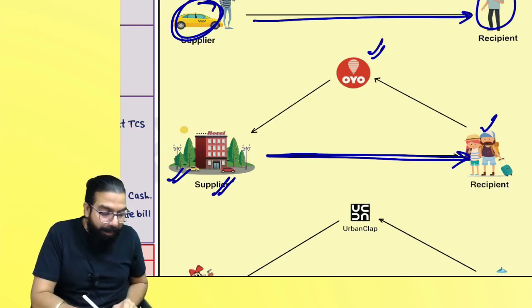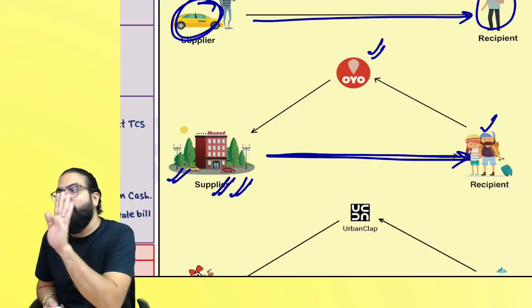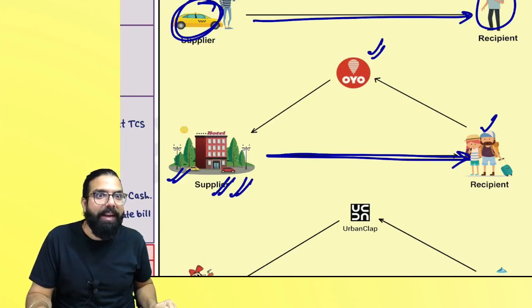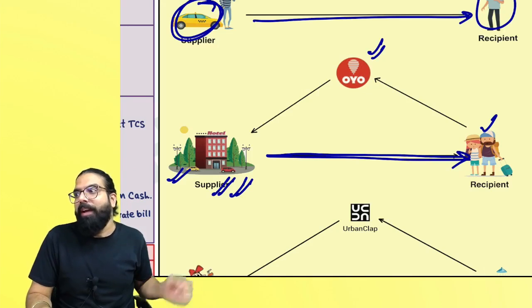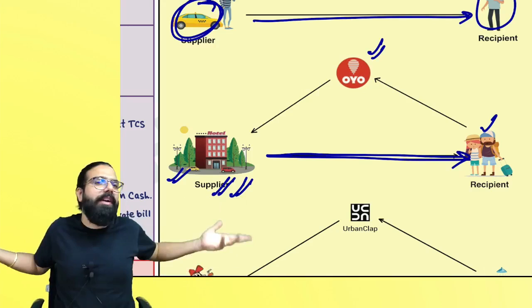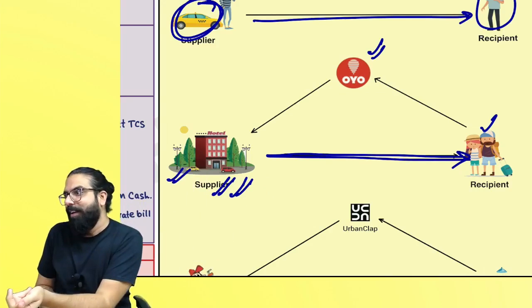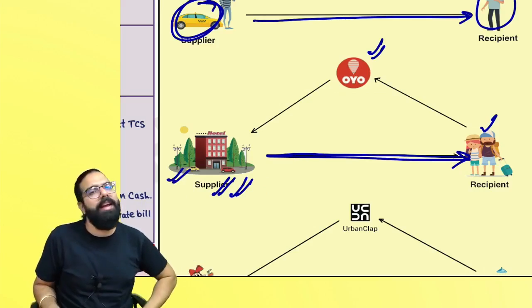But if the supplier is not liable to register under section number 21, then the e-commerce operator will be liable. And whenever the e-commerce operator is liable, only then he will collect the GST and pay. Now, when he has to collect the GST and pay, he will have to take compulsory registration. Are we clear, everyone? So if the e-commerce operator does not have to collect and pay, he will not take registration. But when the e-commerce operator has to collect and pay, then he takes compulsory registration.